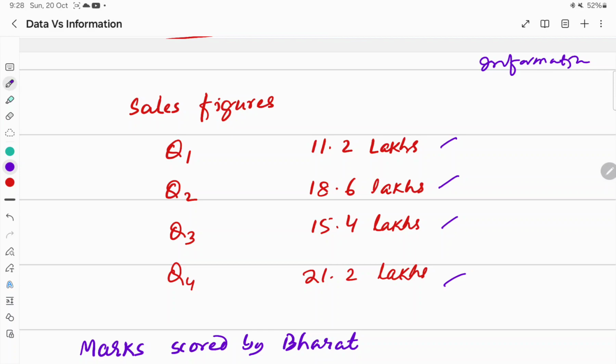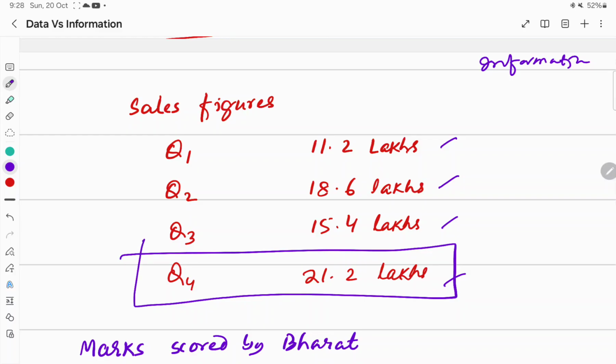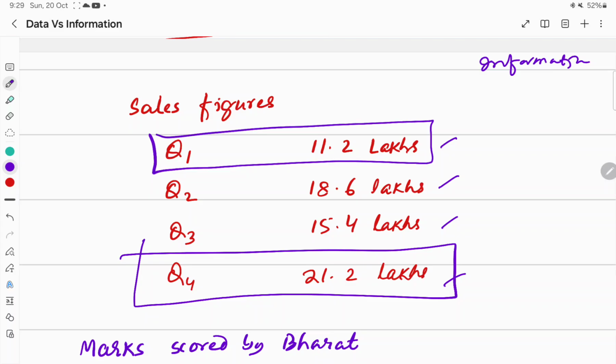From this we can say that the highest sales was in the fourth quarter, the last quarter of the year. Lowest sales occurred in the first quarter.